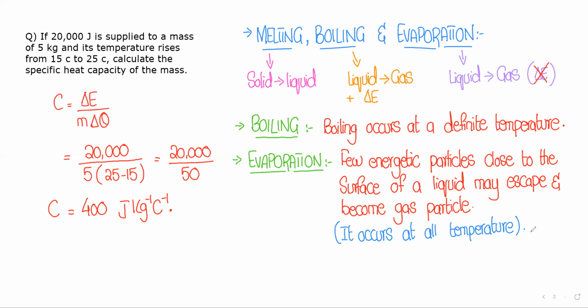Any confusion? No. Okay. Now, further, let's talk about the factors affecting evaporation. We are going to discuss the factors which affect the evaporation process, or how the evaporation process will increase or decrease.